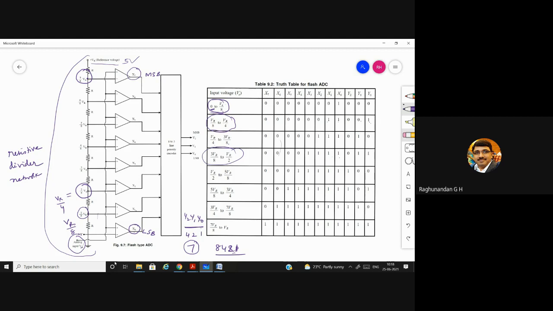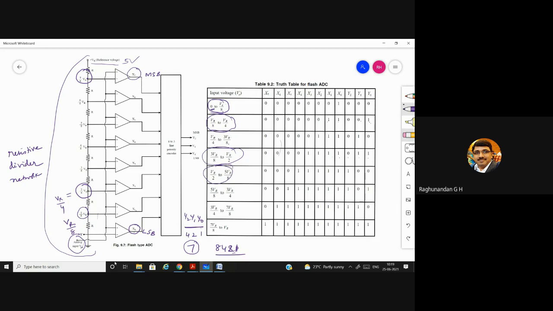So correspondingly, you will be getting the next value. So when y2, y1, y0 is given, it is going to show 3 volt. It is getting approximated as 3 volt. But it will be displayed as 0, 1, 1. But we need to understand it is 3 volt.